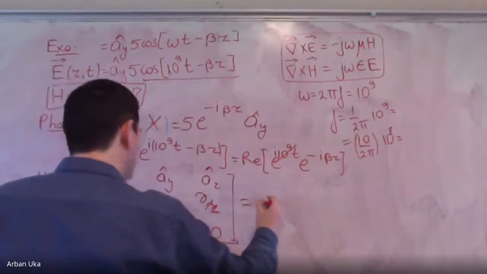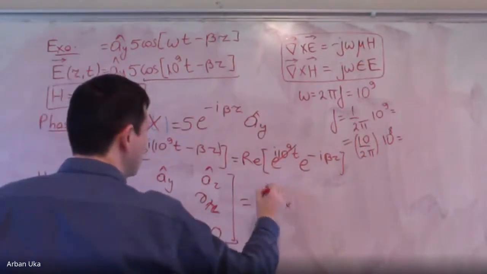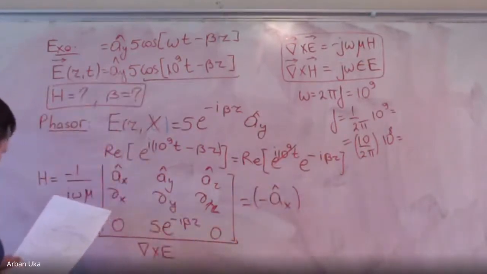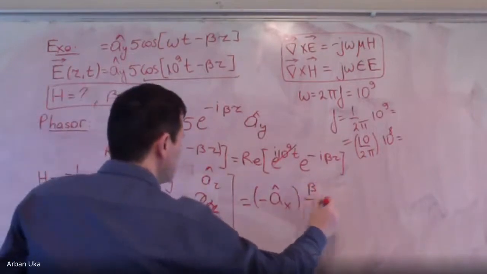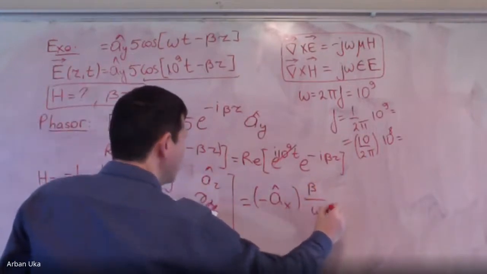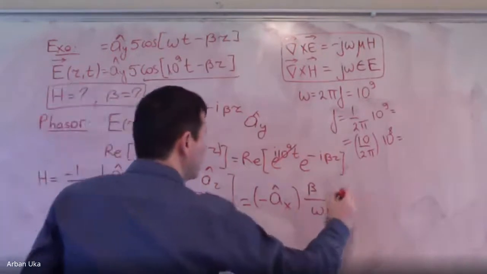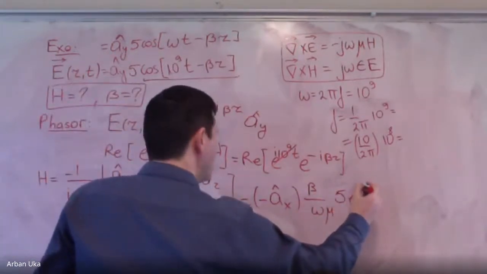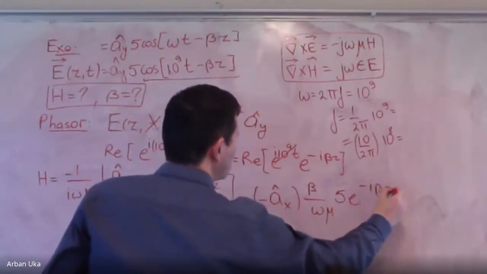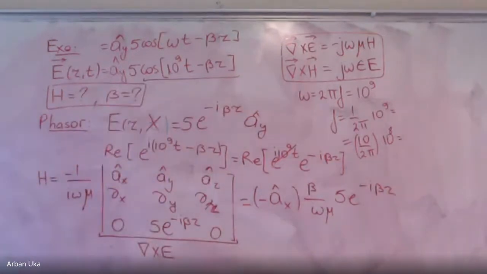This is equal to minus AX. Okay, that's the direction that we get here. Beta divided by omega mu, phi e to the power minus j beta z, okay? So apparently, we found what the H is, okay?